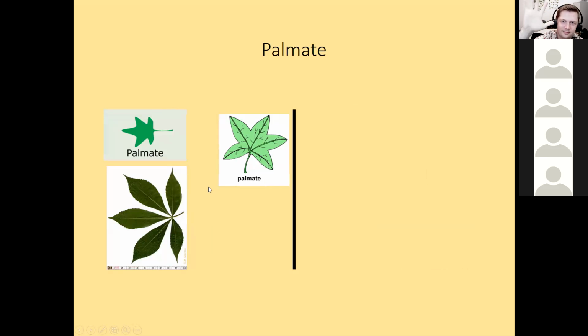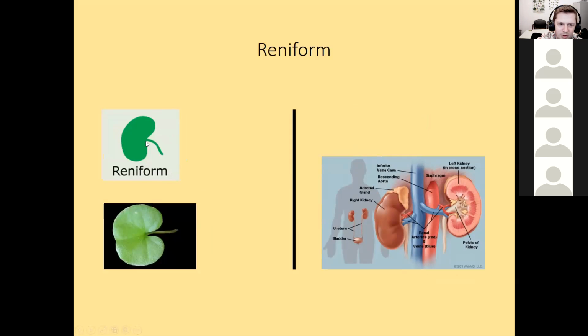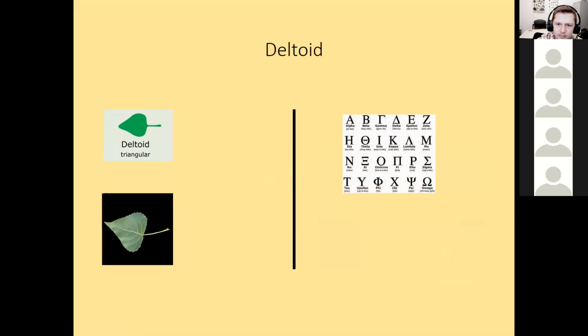Palmate should be kind of obvious. Reniform. This one's a little bit more complex if you know your anatomy, but it looks like a kidney. Deltoid. So this one's going to be related to the Greek alphabet. And it looks like a delta, a triangle.